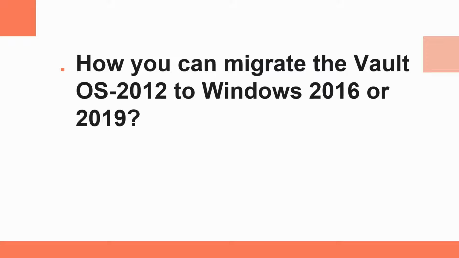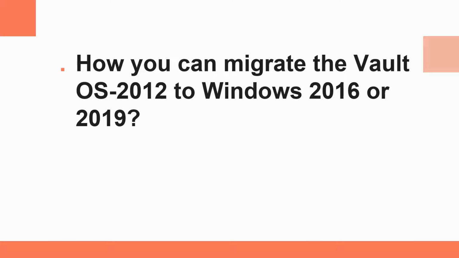You need to build a new Windows 16 server and install the Vault using the same set of keys which you used earlier to install your 2012. The same set of keys, your operator CD, everything should be the same, otherwise you will not be able to decrypt that data.